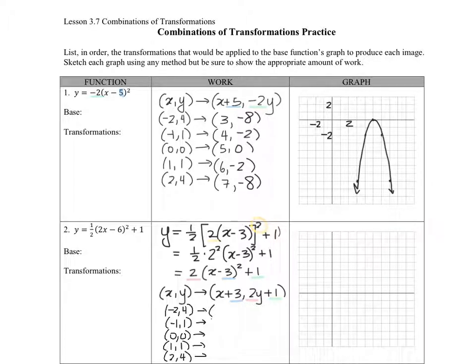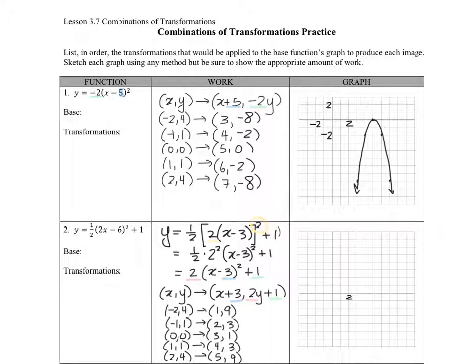So I'm going to end up with adding 3 to all of my x coordinates. And then for all of my y coordinates, I'm going to multiply by 2 and add 1. So 9, 3, 1, 3, 9.